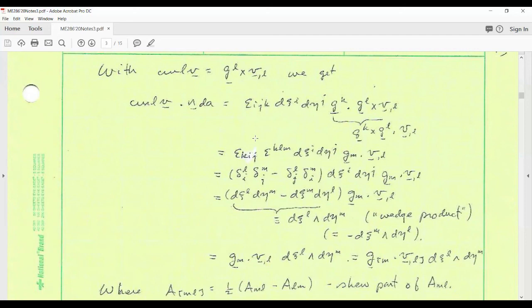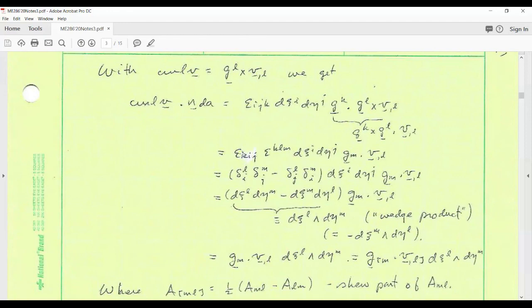In fact, there are identities involving the metric tensor and the permutation symbol. This is one of those identities, the epsilon delta identity. But there are other identities. For example, with all indices upstairs, you could raise all the indices.